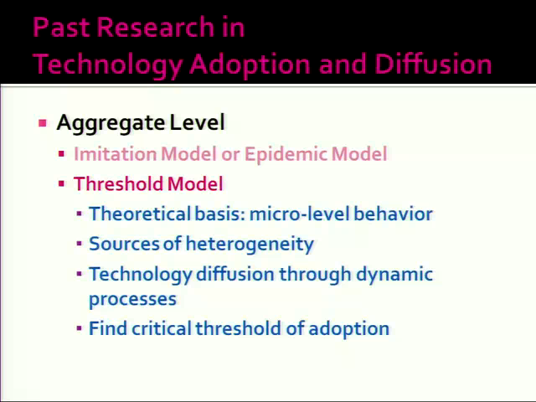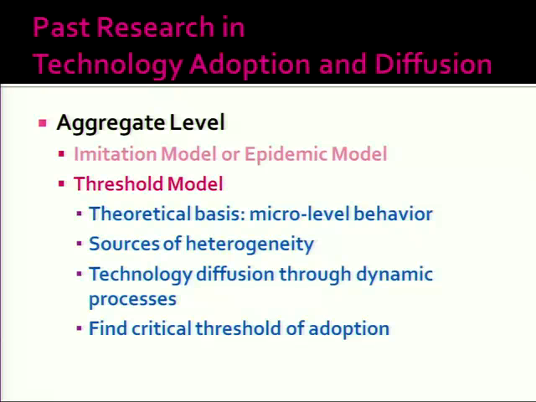Of course, that's a simplistic view because there are other sources of heterogeneity. So you could have a multi-dimensional threshold saying that if your income is above $50,000 and your household size is less than 3 people, and all of these different things that can cause heterogeneity in a household or an individual, you can find what the thresholds of adoption are. And that's the approach that we chose to take.